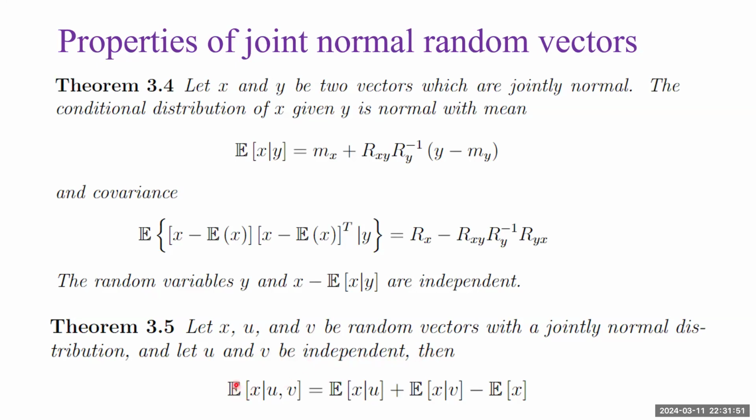Then the conditional mean of x conditioned on u and v is equal to the conditional expectation of x conditioned on u, plus the expectation of x conditioned on v, minus the expectation of x.